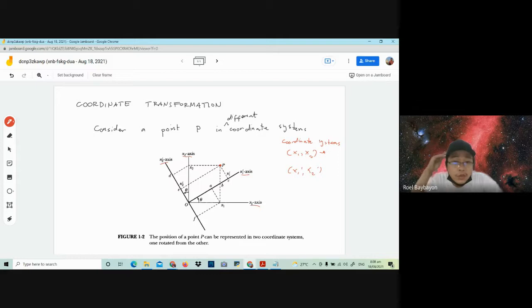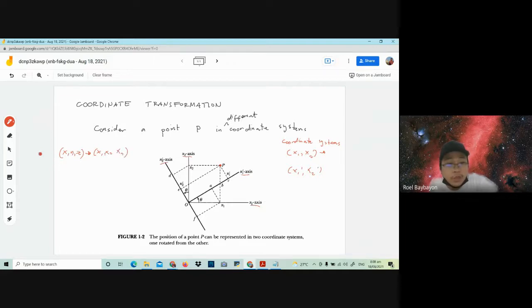By the way, so we don't get confused later, I will denote coordinate systems as x1, x2, x3. So these are no longer x, y, z, take note. Before, we used x, y, z coordinates, right? But in this subject, in Marion's book, instead of using x, y, z, Marion uses x1, x2, and x3.